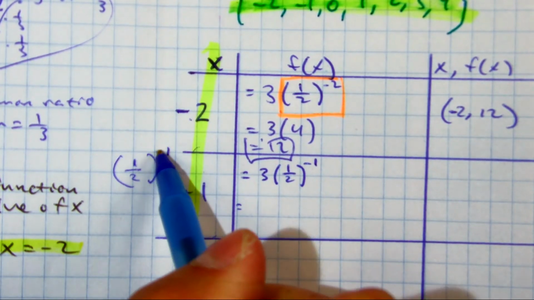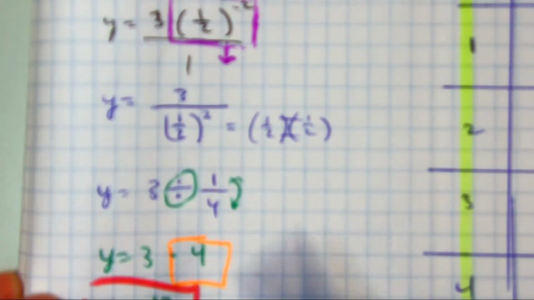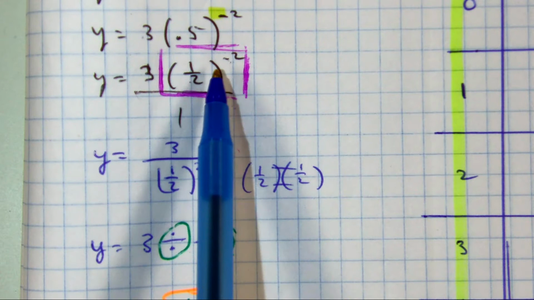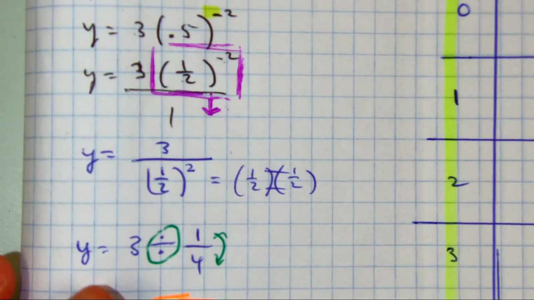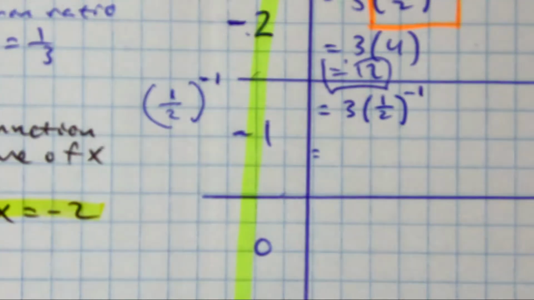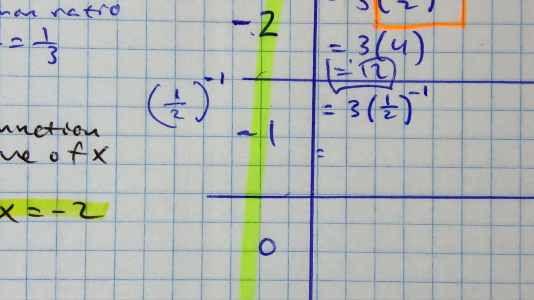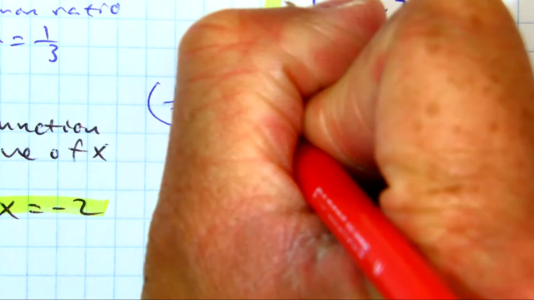There's a couple of ways of doing this problem. Yesterday I showed you guys how to move the whole thing downstairs. Let me show you a second way and you get the same answer. I'm not breaking any rules. These are all the laws of exponents. Because this is outside the parentheses, you can do the power rule.